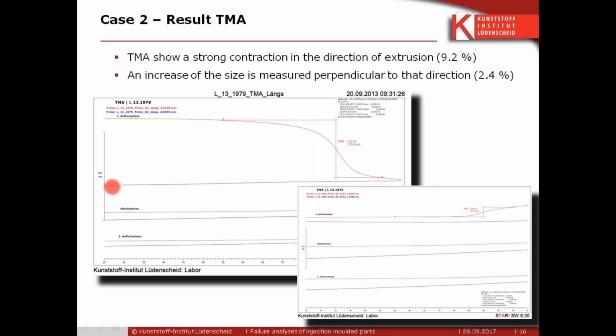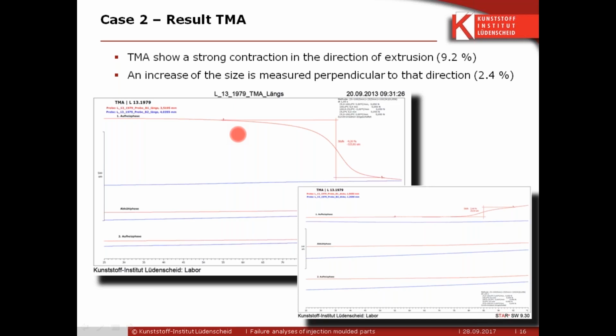So let's have a look at the 50 degrees. We started evaluation a bit higher than 50 degrees, but you can already see a very slight decrease of the curve at 50 degrees. You have to notice this measurement is quite fast. We are heating up with 3 kelvins per minute.